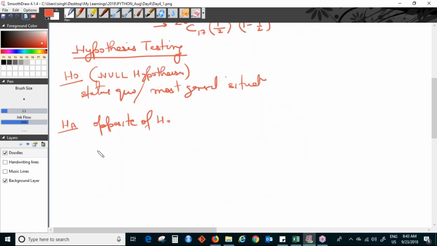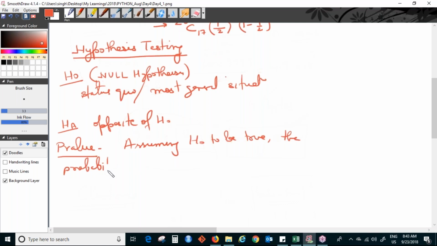That is the alternative hypothesis. After this, we find the p-value. The definition of p-value is: assuming the null to be true, the probability of the alternative or more in its direction.